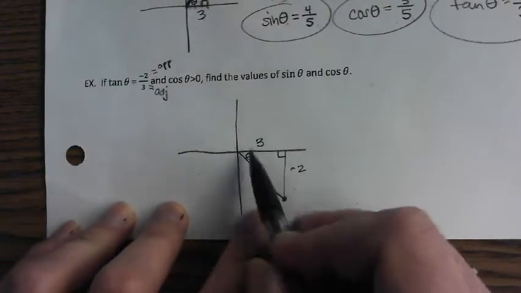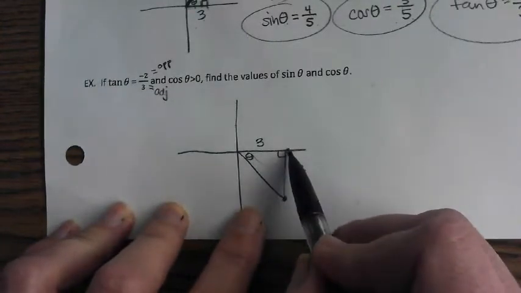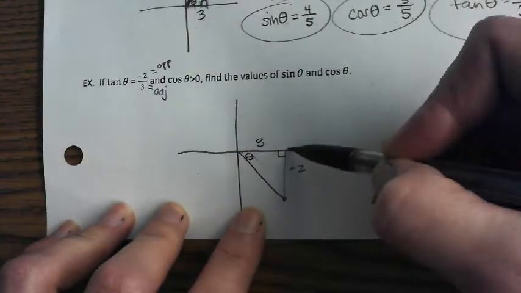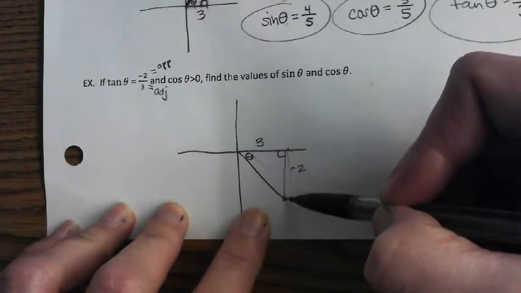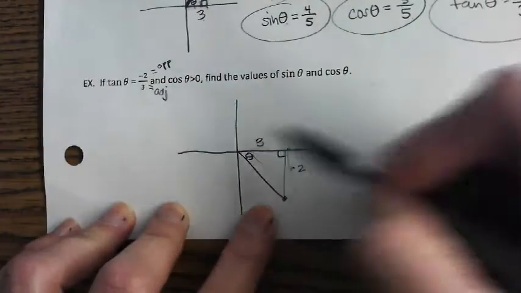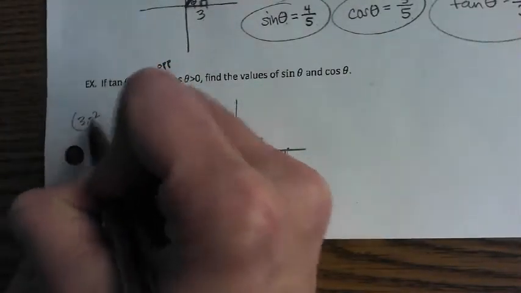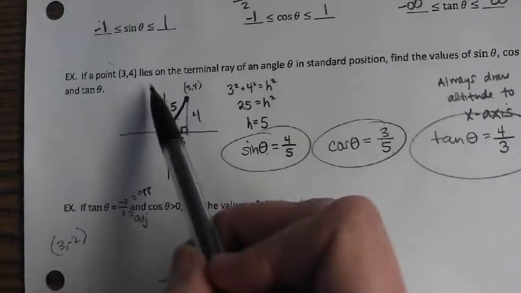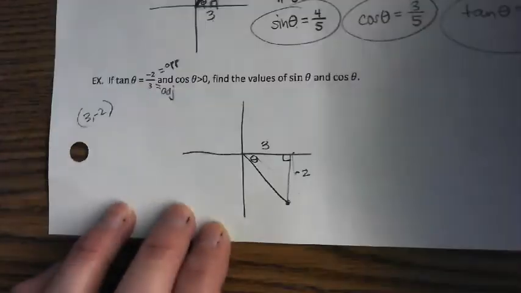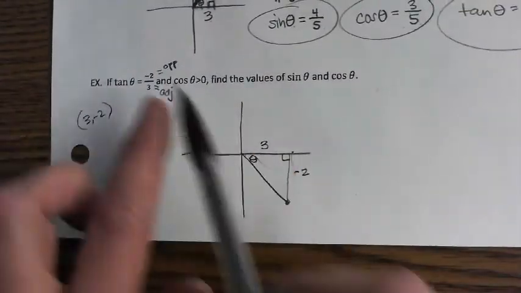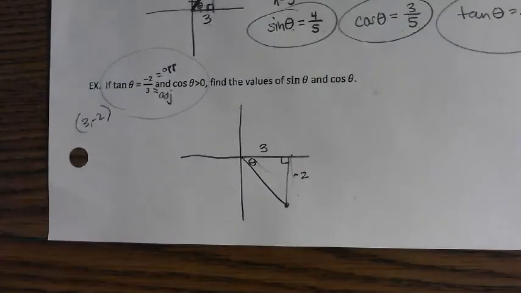Because to get to this point, I would go over 3, that's a positive 3, right? And down 2. So the other way they could give me this same diagram would be by giving me the point 3, -2. Sometimes they'll give you the point, and sometimes they'll give you this information. Okay?